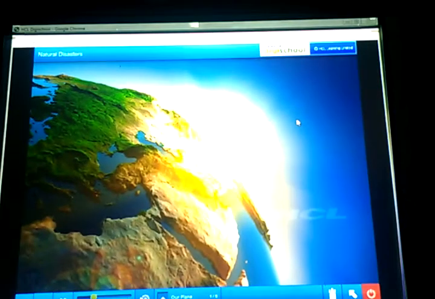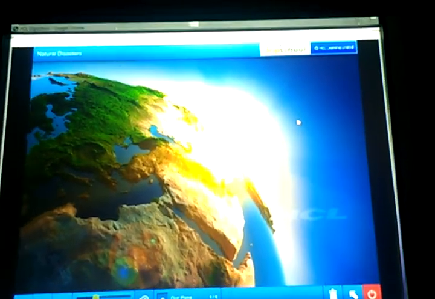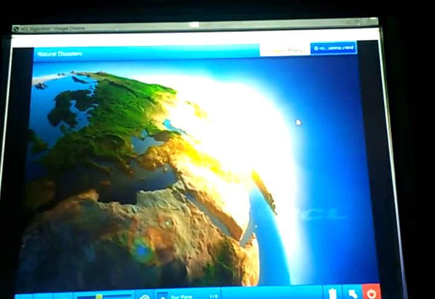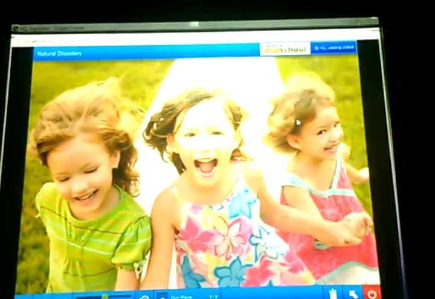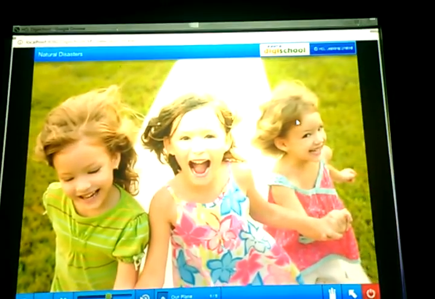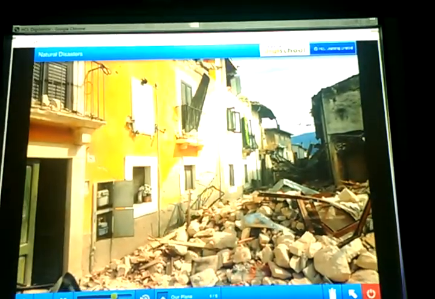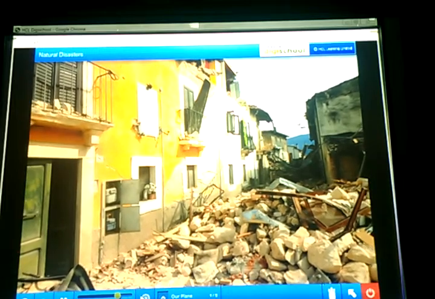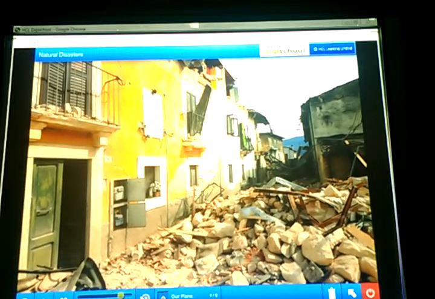In our solar system, planet Earth is known to be the only planet to support life. Earth is a peaceful place for human survival. However, when natural disasters strike, they cause great damage to life.